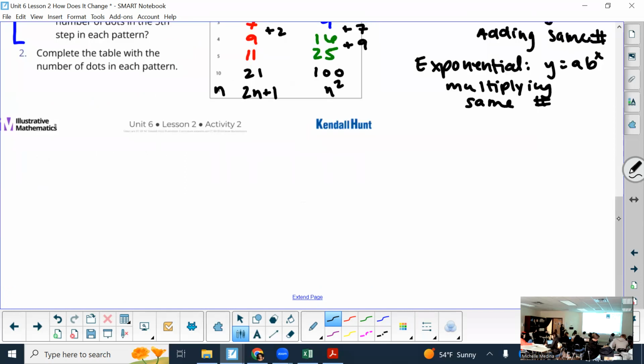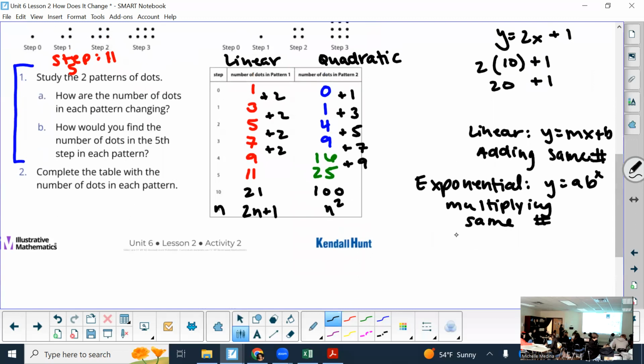Now quadratic, I don't expect you to know, but the most simple equation you can have for a quadratic function is going to be y equals x squared.